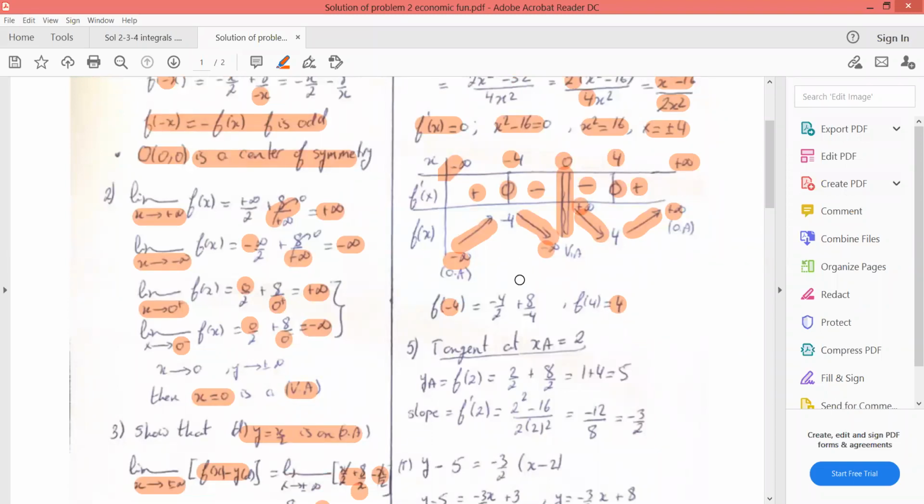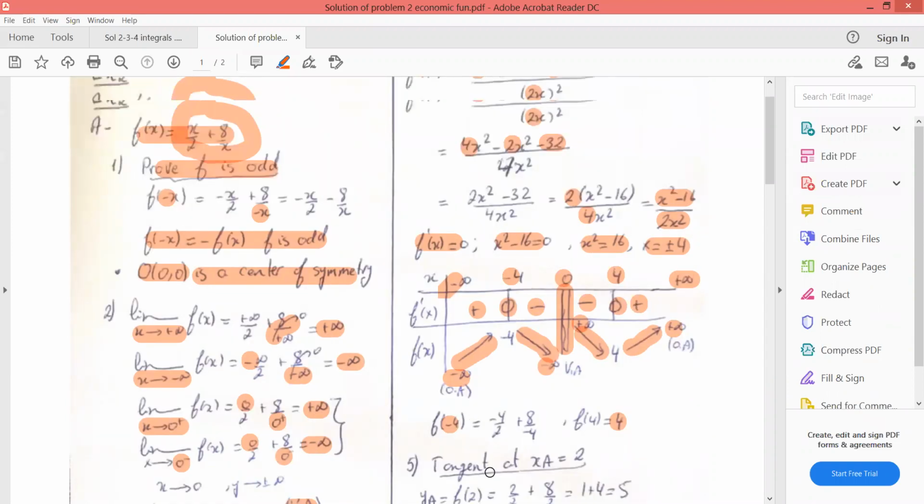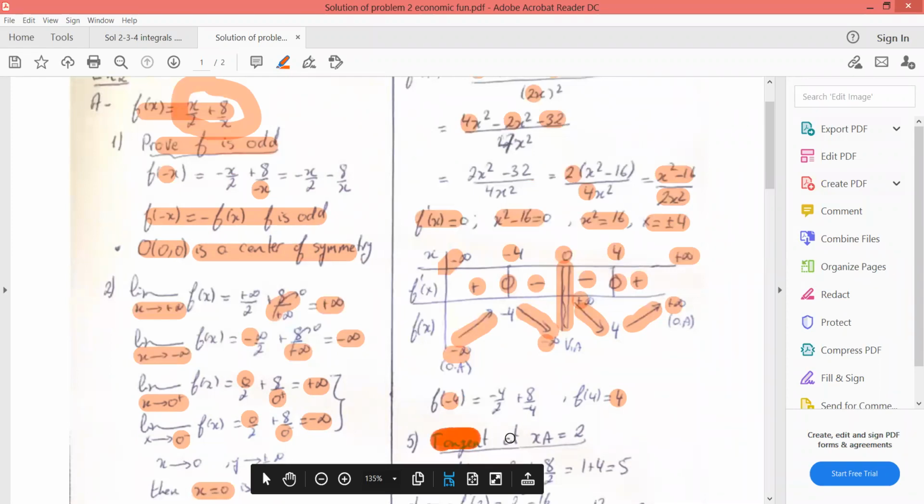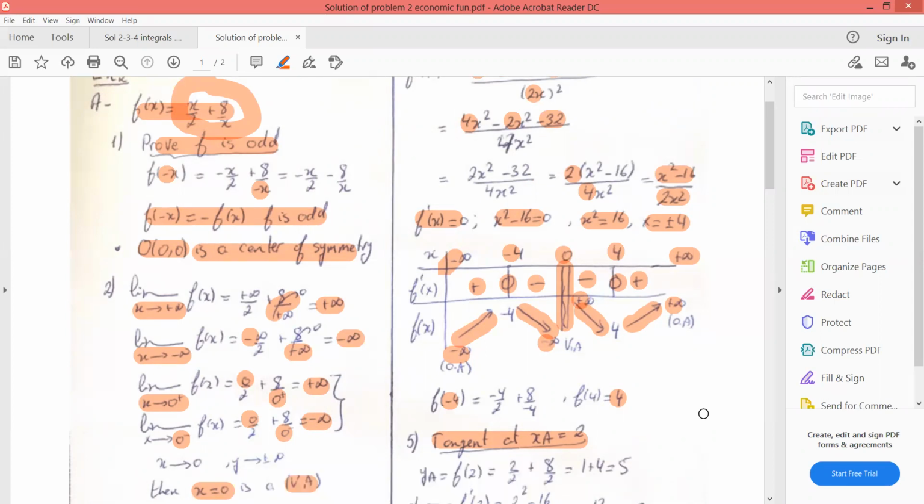Part 5. How is the equation of the tangent found? What is the rule for the equation of the tangent? The equation is y minus ya equals slope times x minus xa.